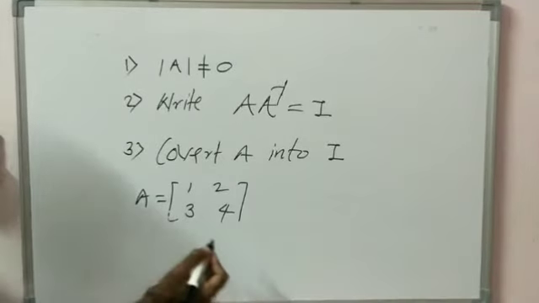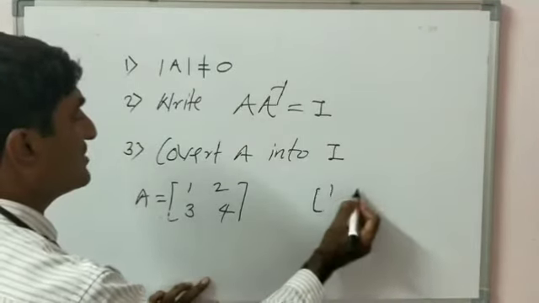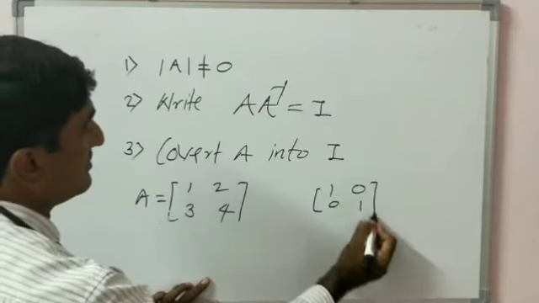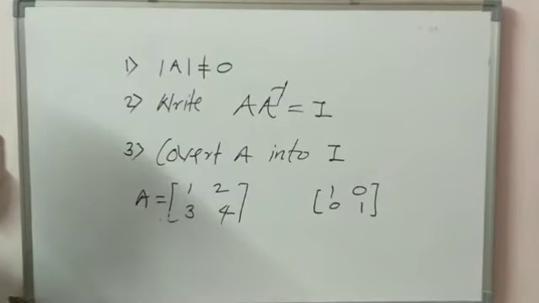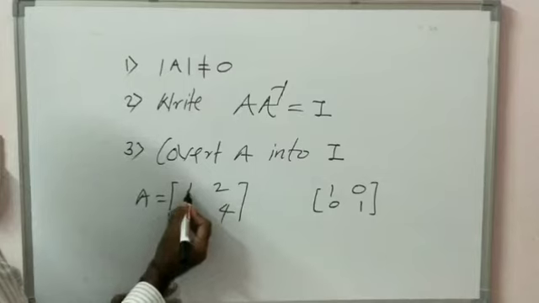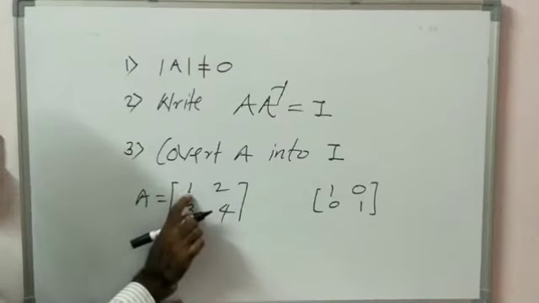The unit matrix of order 2 by 2 is 1 0 0 1. We first convert the first element into 1.